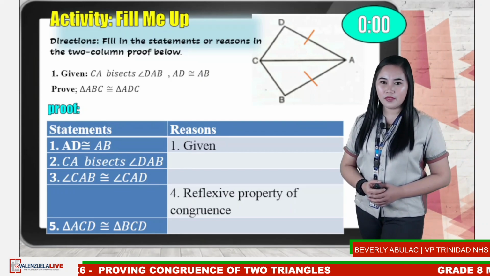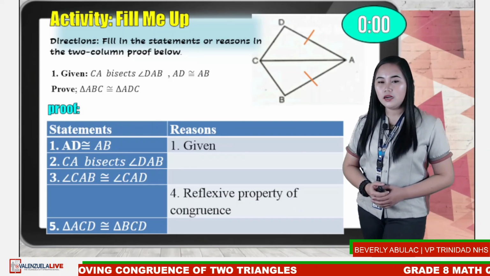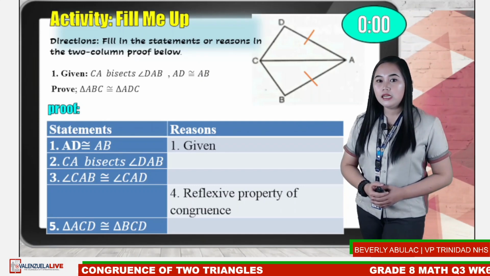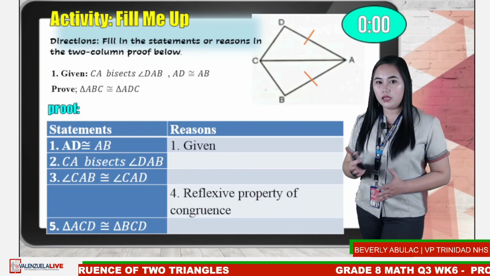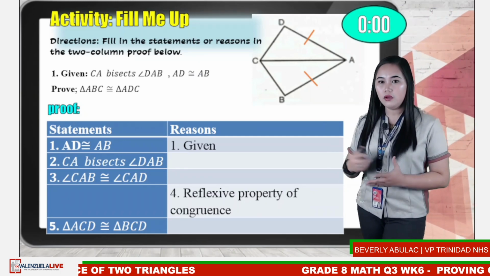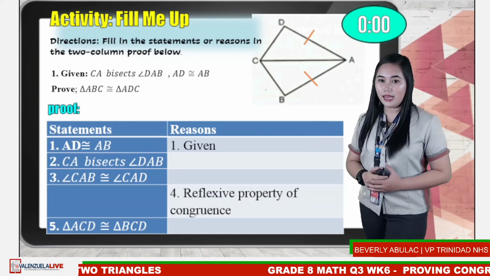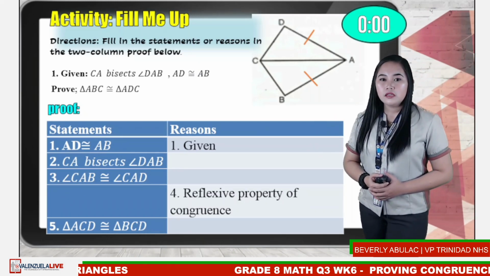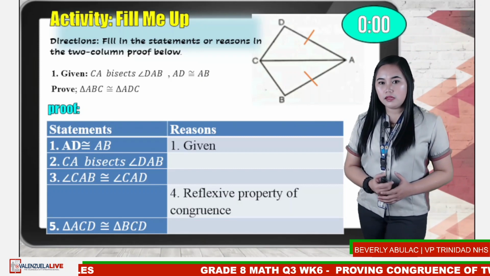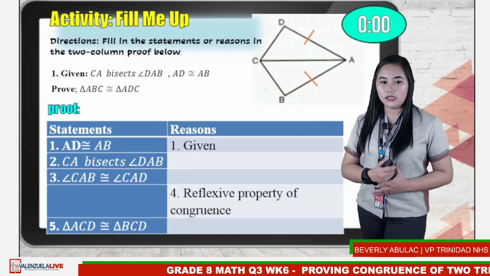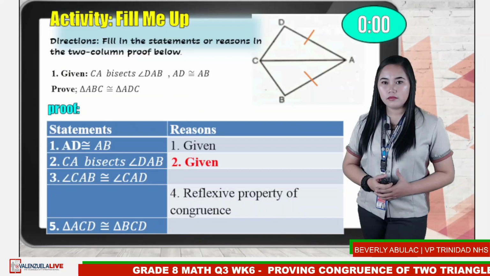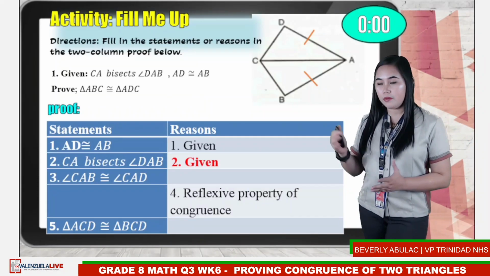Time's up. Okay, let's answer. As you can see on number 1, our given is AD is congruent to AB. What is the reason? Again, it is the given. The second statement tells us CA bisects angle DAB. Again, it is also our given.